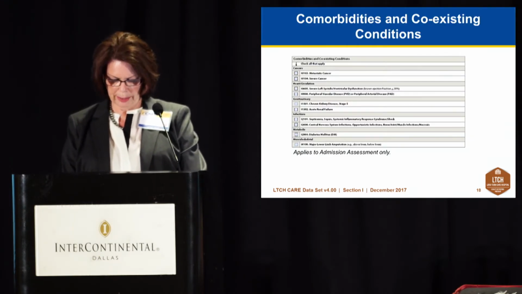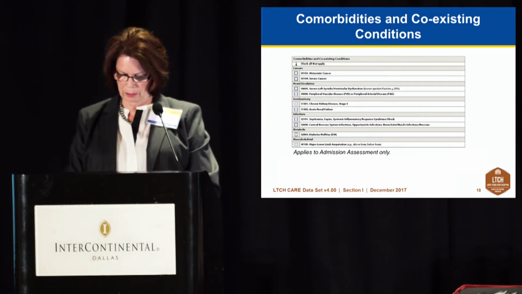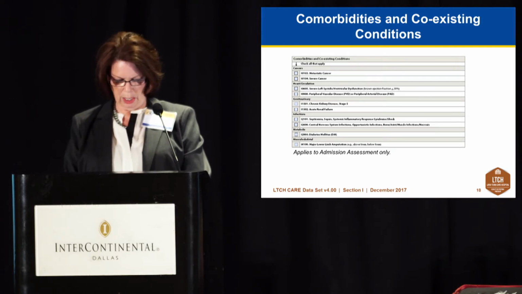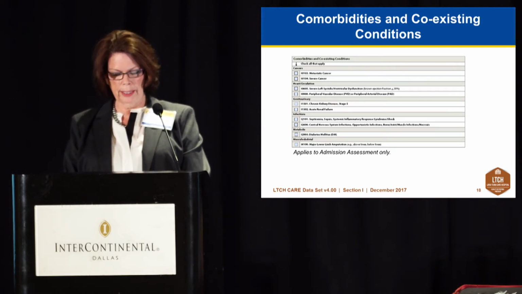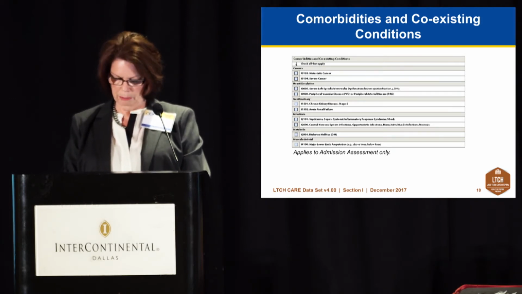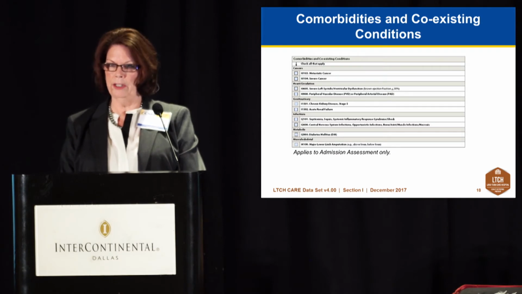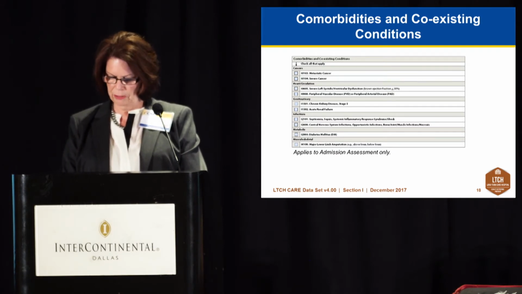The next three slides depict the data elements associated with the comorbidities and coexisting conditions component of Section I. If a patient has any of these conditions, a person completing the data set should check all that apply. This section is completed only if A2050 reason for admission equals 01 admission.